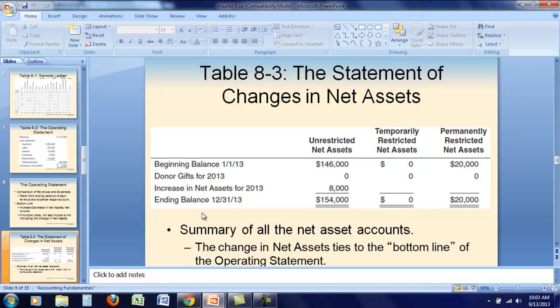So really it'll mean that, say they earn $100 on this every year. So the organization will actually get $100 each year, depending. So permanently restricted means the principal of the money cannot be touched, but the earnings, depending on how the donor allowed it, can go to the organization.